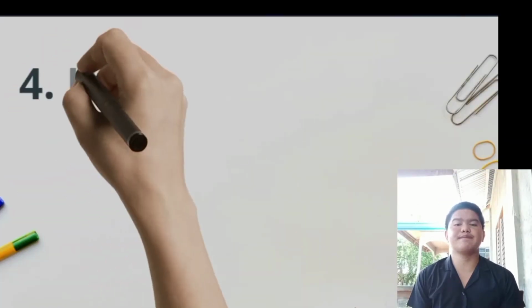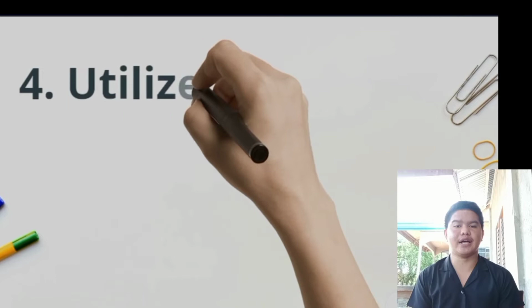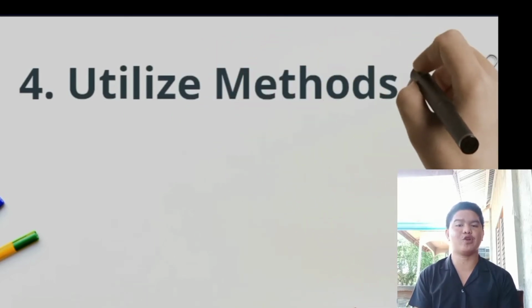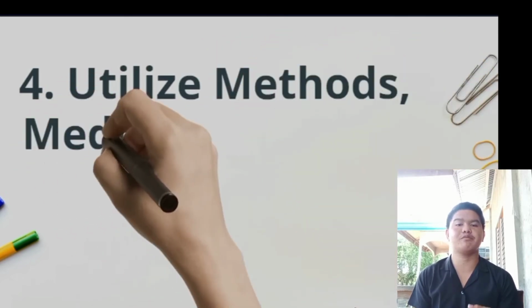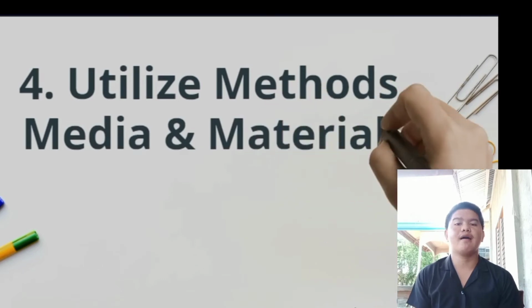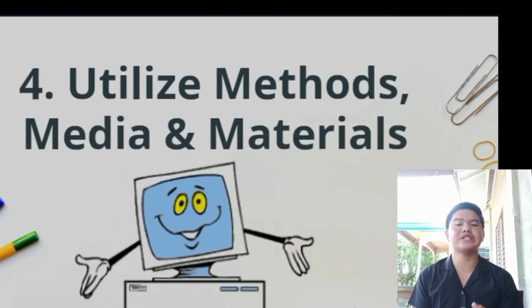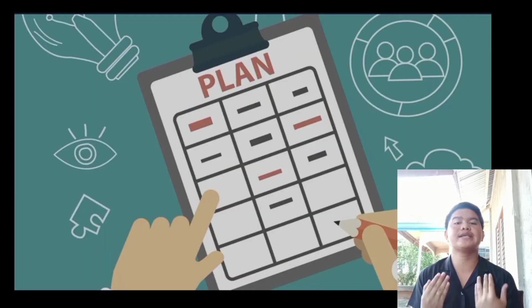The utilize methods, media, and materials step is where you develop your plan for implementing your media and materials. For each type of media or materials, the teachers select and describe how they are going to implement the media into the lesson to help learners meet the lesson objective.